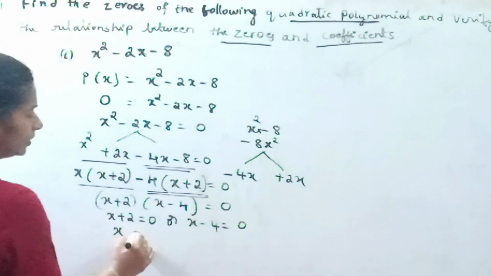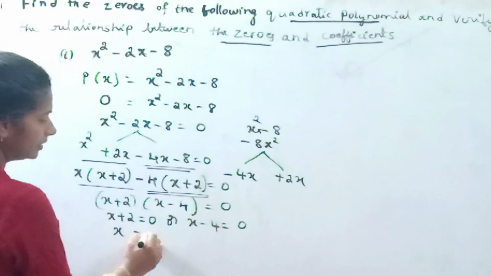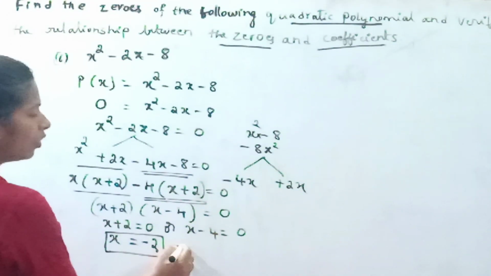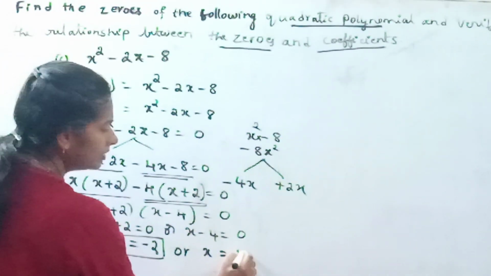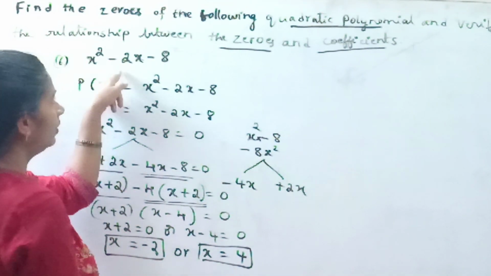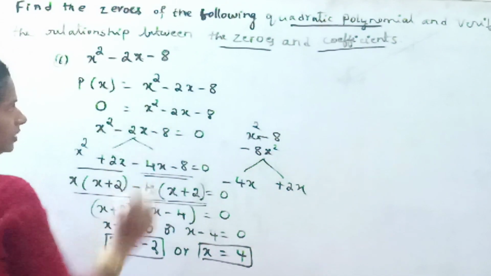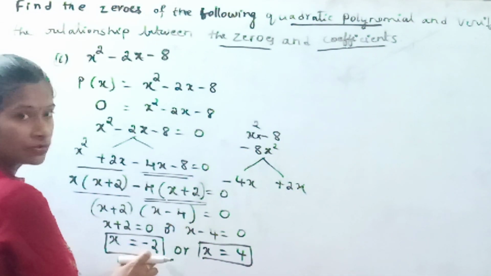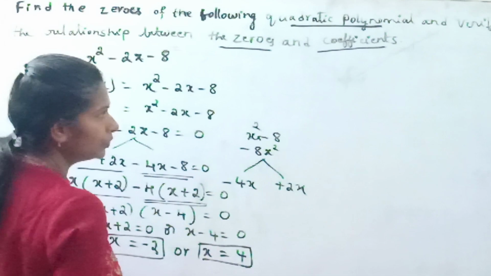So x value is plus 2, if you transpose to right hand side, it becomes minus 2, or x value is plus 4. Now these are the two roots of the given quadratic polynomial x square minus 2x minus 8. That is x is equal to minus 2 or x is equal to 4.